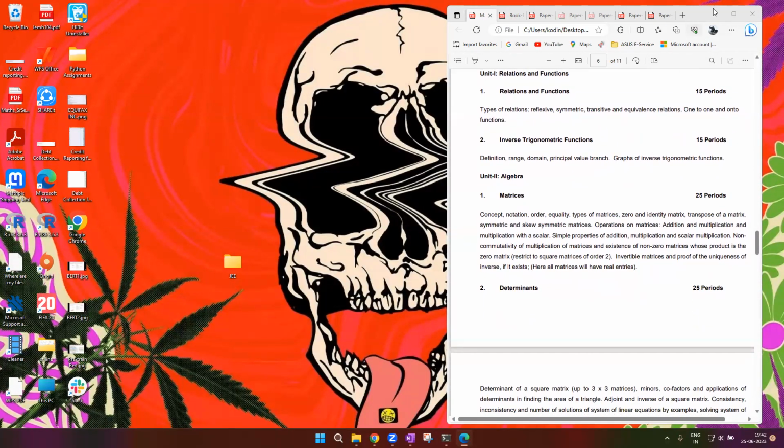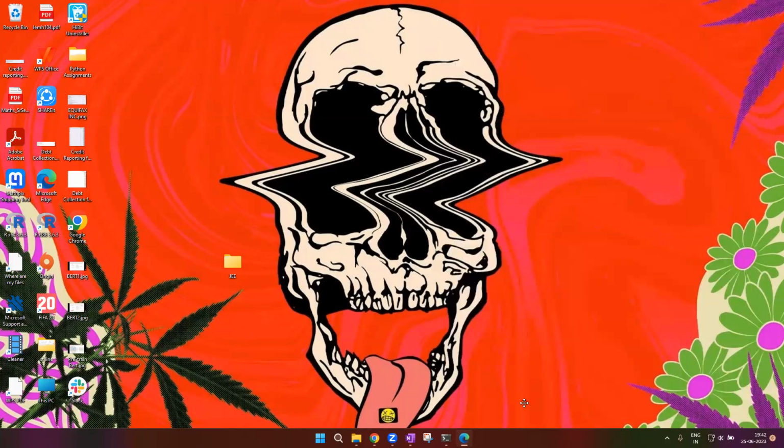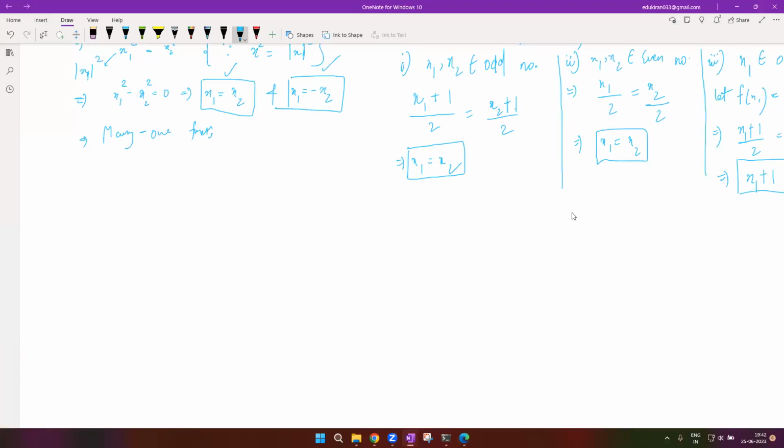Yeah, one-to-one and onto functions only. So earlier it used to happen that we needed to solve for whether the function is invertible or not, and if the function is invertible, then we would find the inverse. So what is invertible? Invertible means that the inverse function of this function exists.